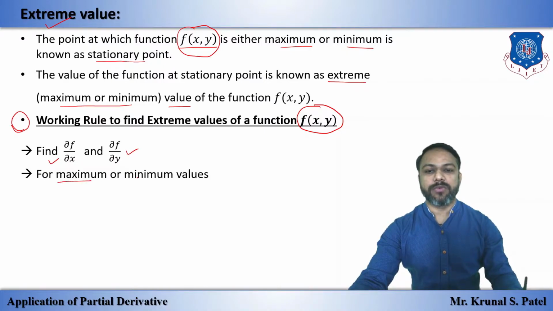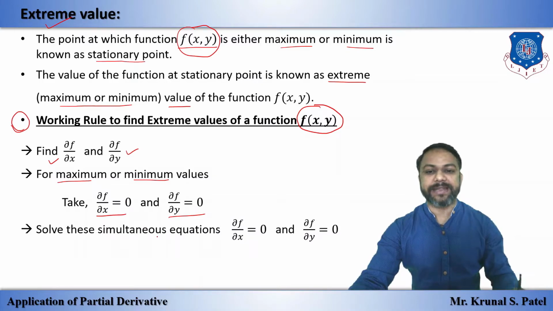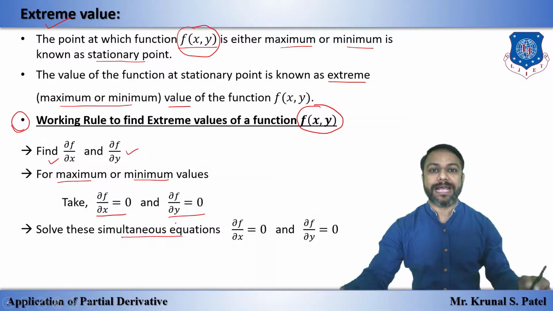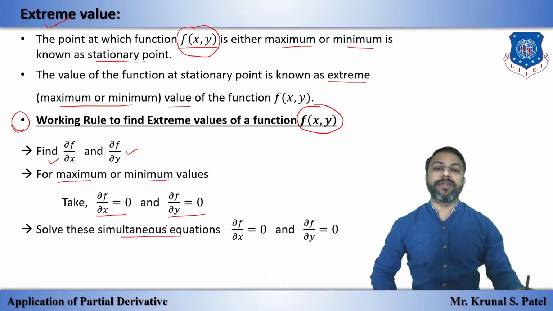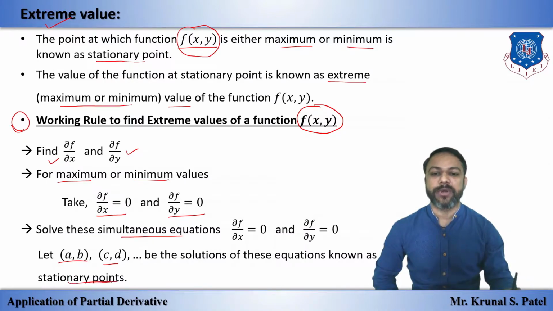Second, for maximum or minimum values, that means for extreme values, we will take these two derivatives equal to 0. So we have two different equations, and by solving these two equations simultaneously, we will find the points that are the solution of these two equations, and these points are known as stationary points.